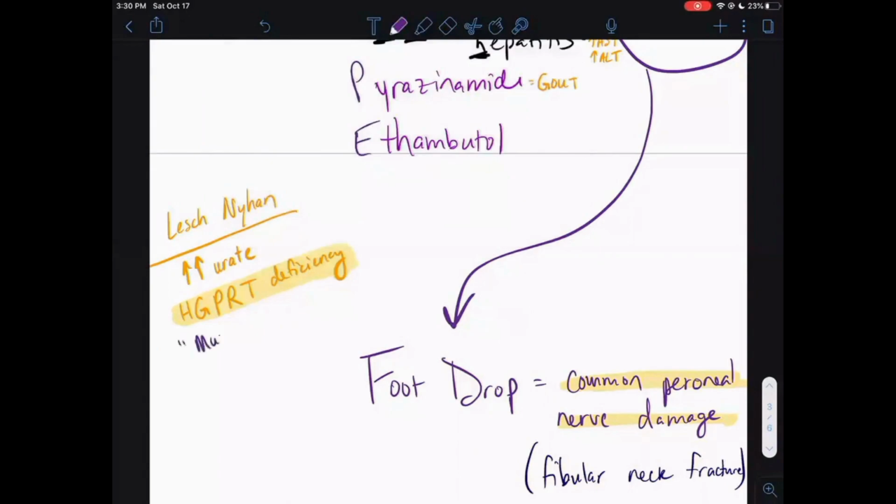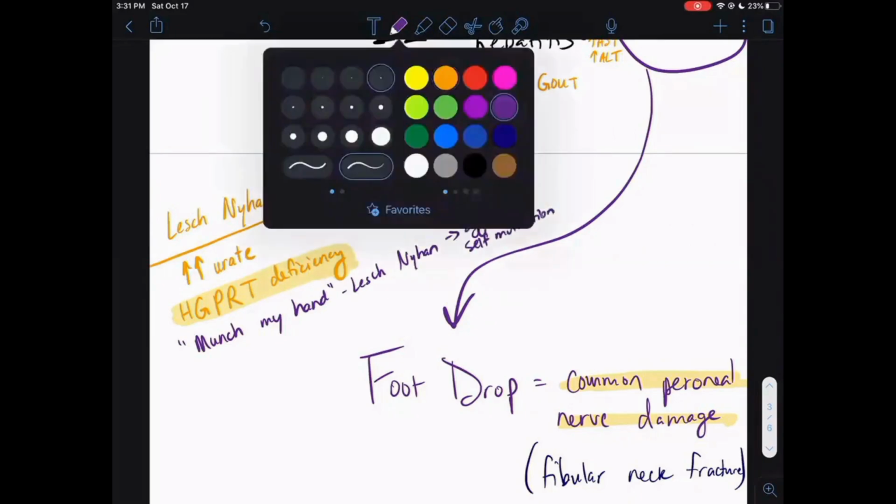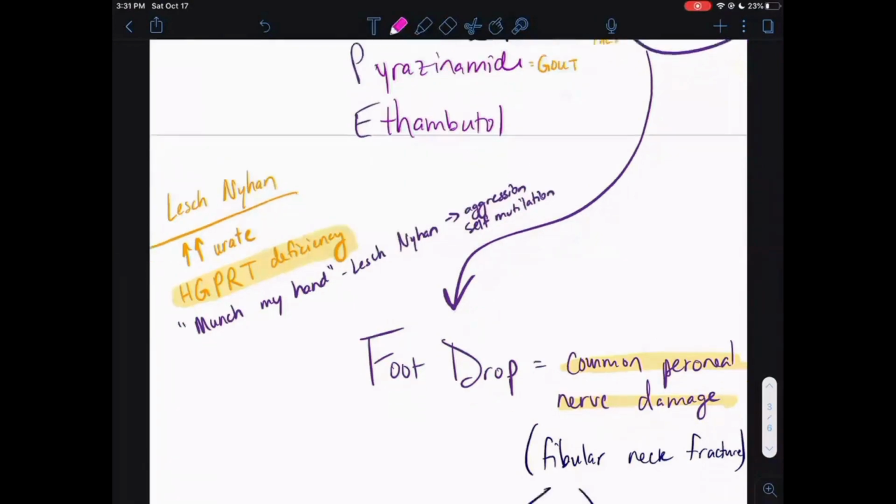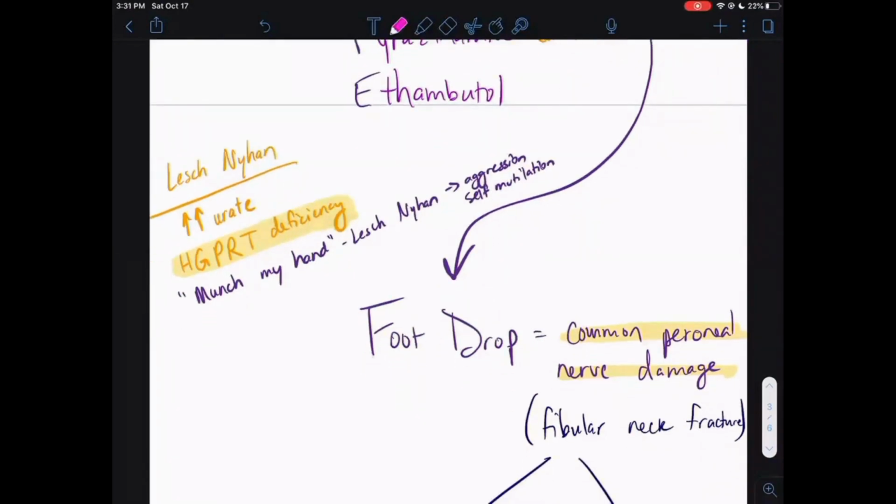So it's munch my hand, Lesch-Nyhan. All right, so look for aggression, self-mutilation, etc.